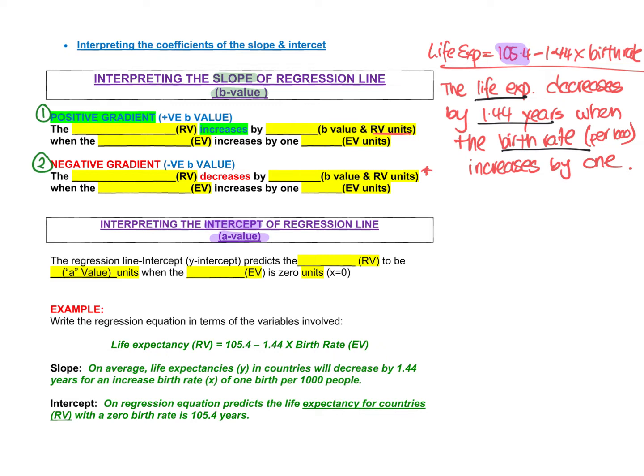And so I would say the same. I'd say the regression, so they're actually written down here, so I'll do it here. So the regression line intercept predicts, now I had to put the RV, so that's where I've said life expectancy for countries to be... now, I'm going to write it, this one's a little bit different, so I'll write it the way we would do.